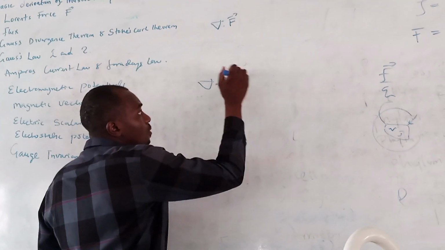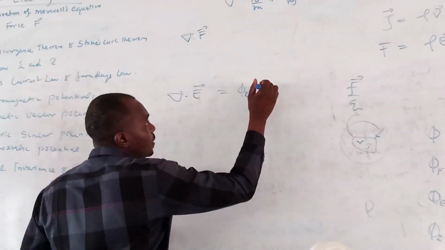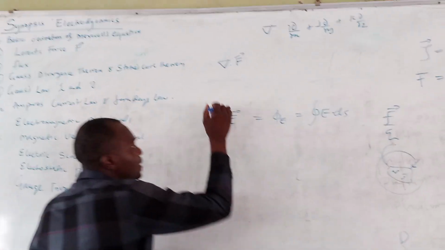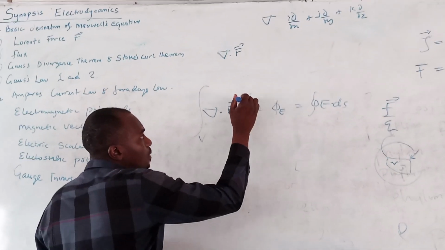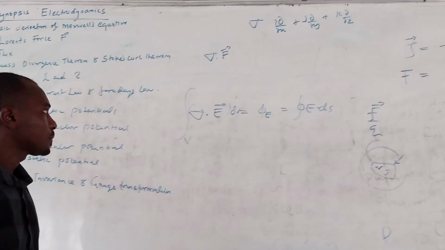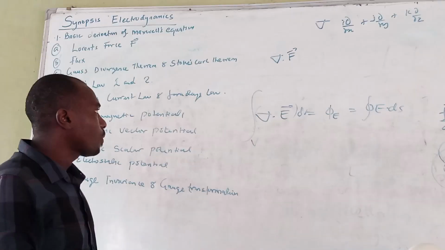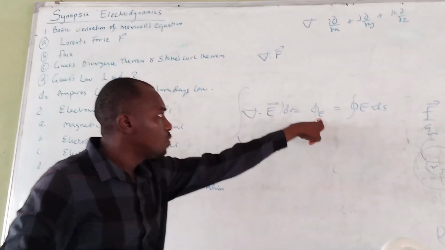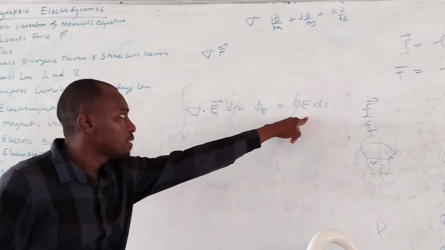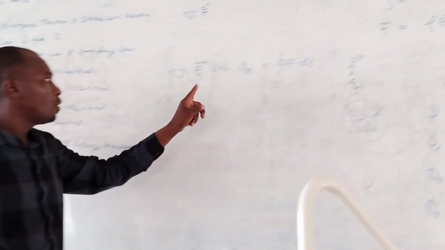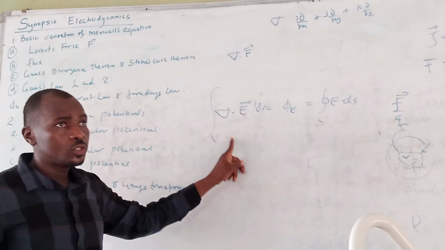You have your flux of the electric field, which is the integral of E dot dS, and if you apply it over the volume, you have your dV. This is the divergence theorem. So when you have the divergence of the electric field, it is the same thing as the flux, and this is the surface. So if you are changing from surface to volume, you are applying the divergence theorem.